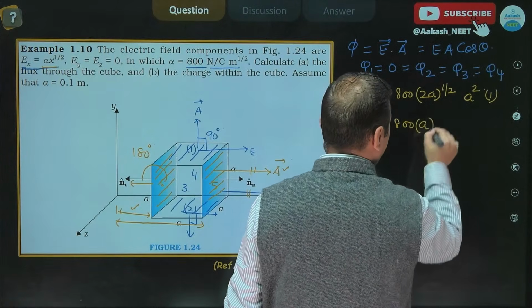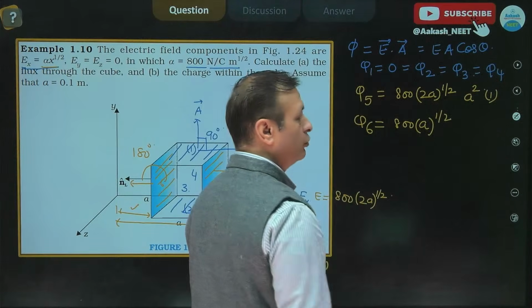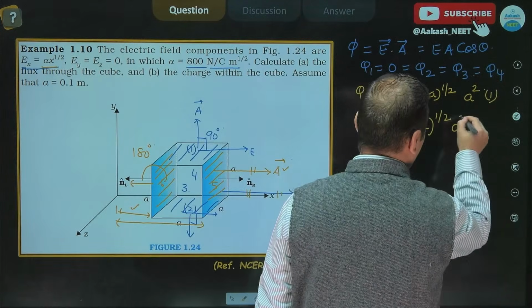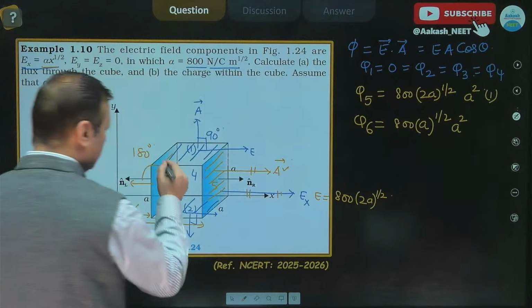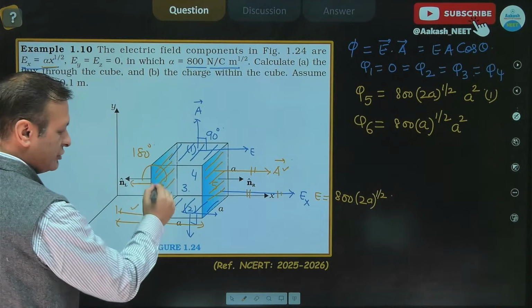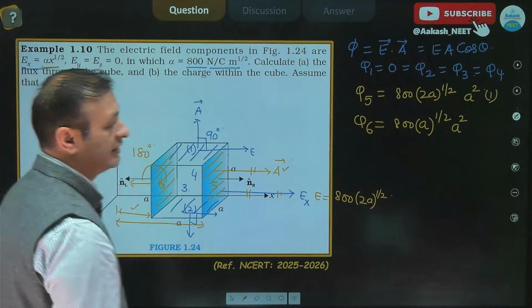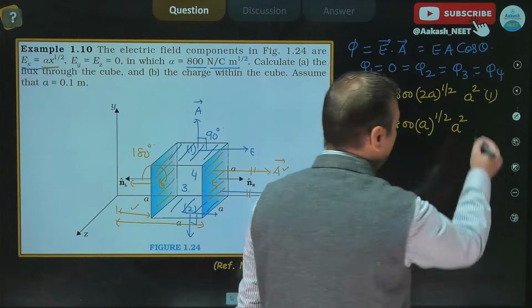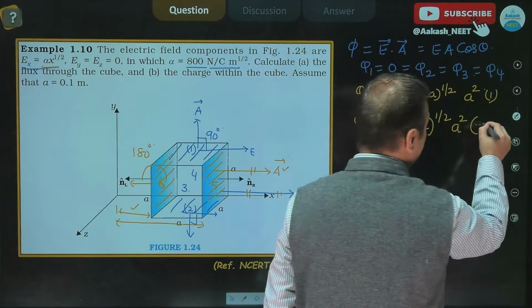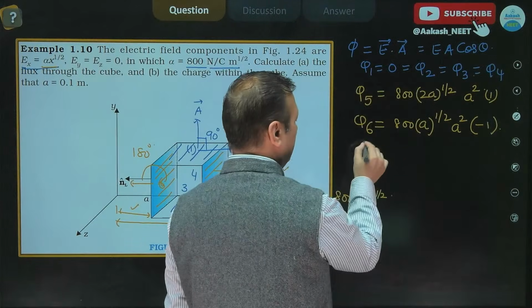So this is A power 1 by 2 into area, and the area of this part would still be A square. But this time cos 180 is minus 1.